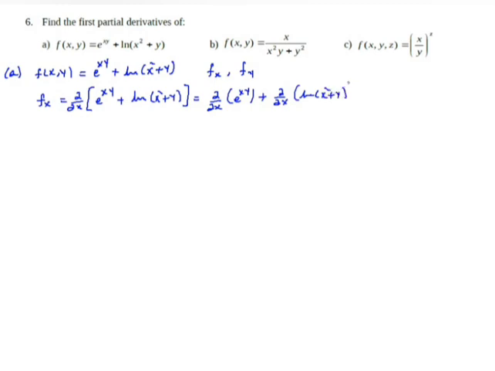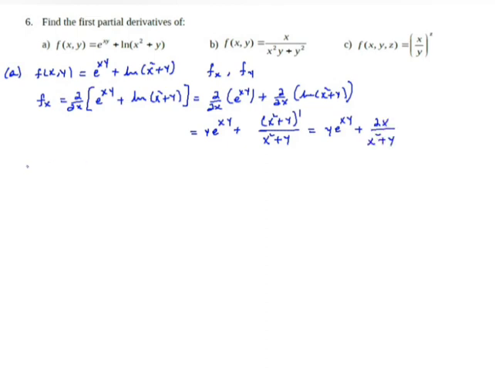Any variable other than x is assumed to be a constant, and we use the other derivative rules as usual. So this becomes y times e to the power of xy plus the derivative of ln, meaning the inner derivative: we take the derivative of x squared plus y with respect to x, over x squared plus y.